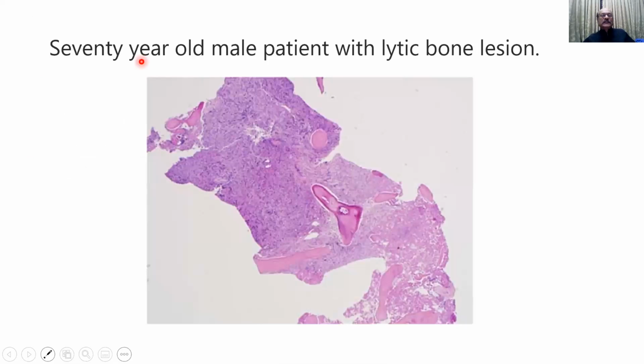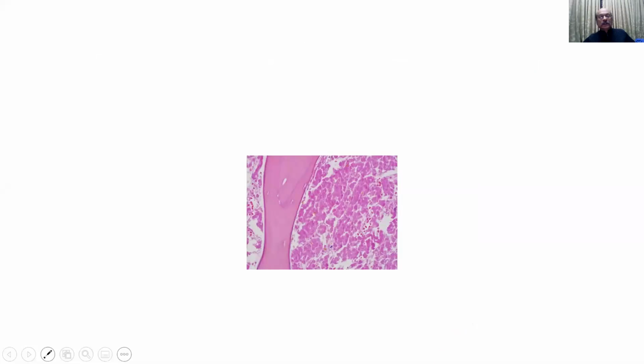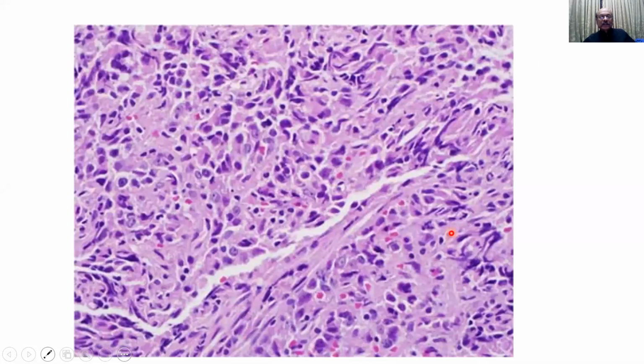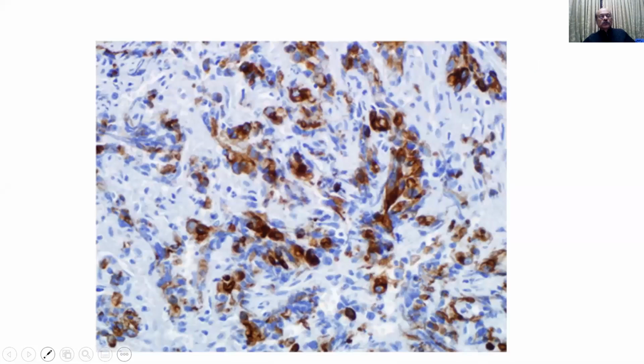This is a 70-year-old male patient with a lytic bone lesion. Bone and the tumor cells. So immunohistochemistry, PSA positive.